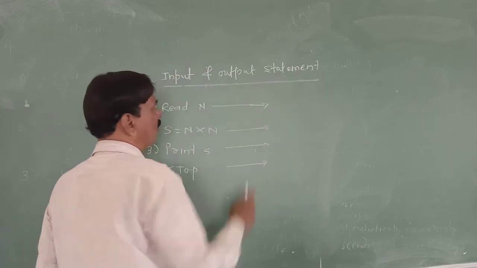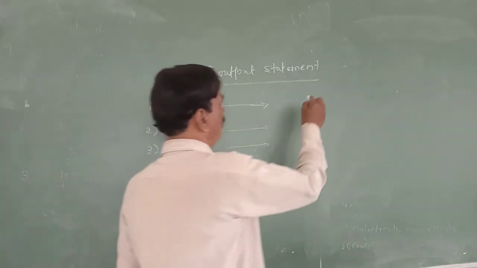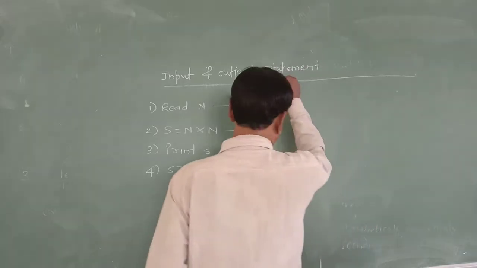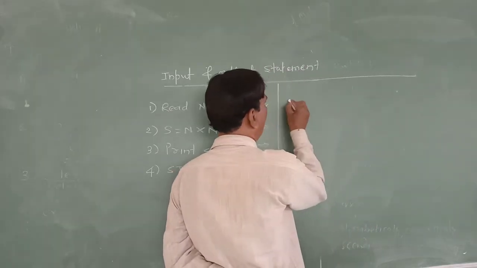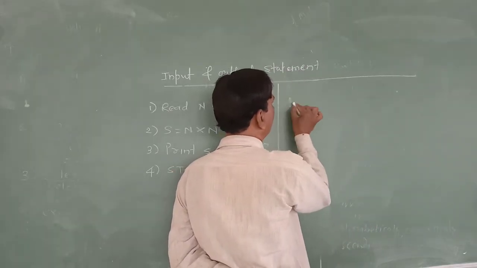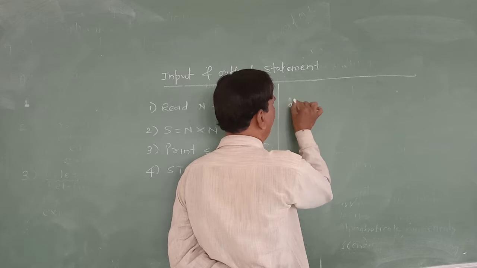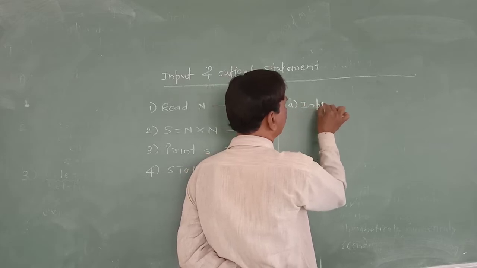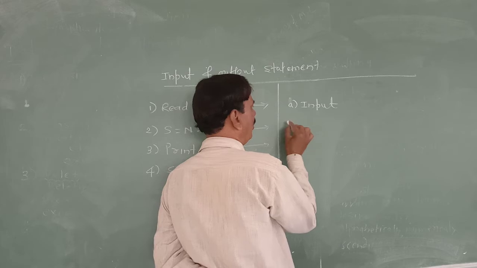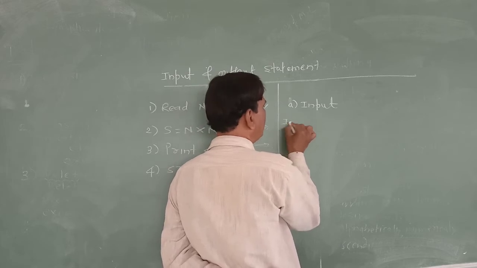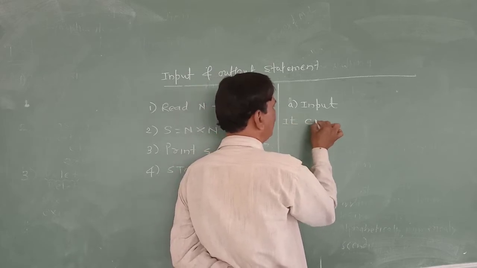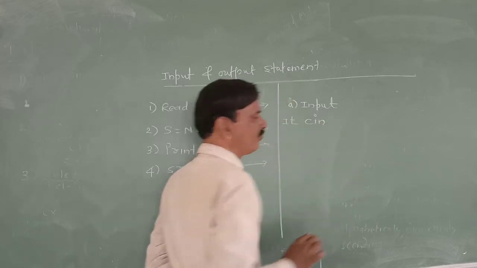So, input and output statements in C++. Number 1, that is input. First of all, A, input. It is Cin.